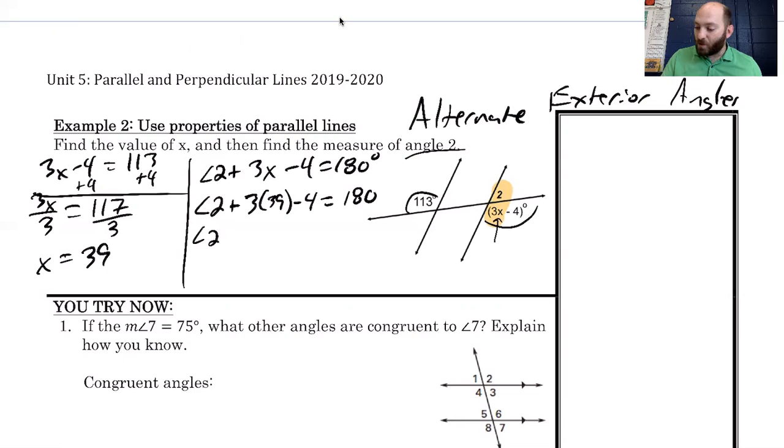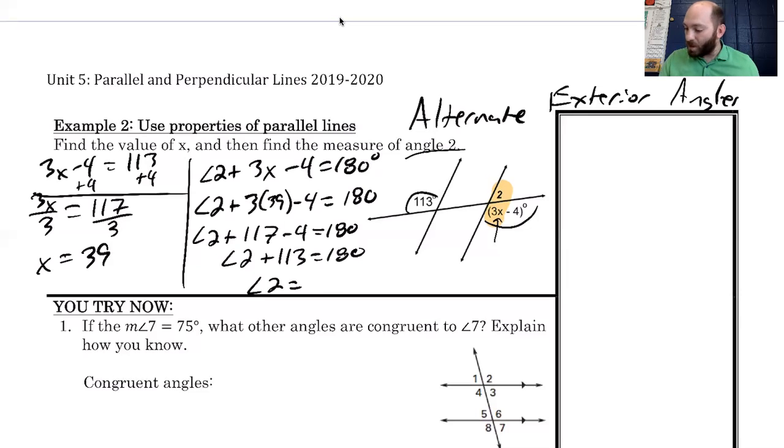So angle 2 plus 117 minus 4, which is 113, so plus 113 equals 180. And I'll subtract that over so that angle 2 is going to equal 67 degrees.